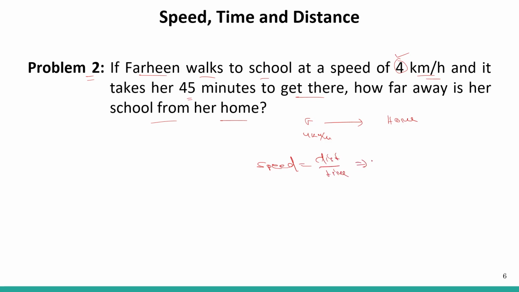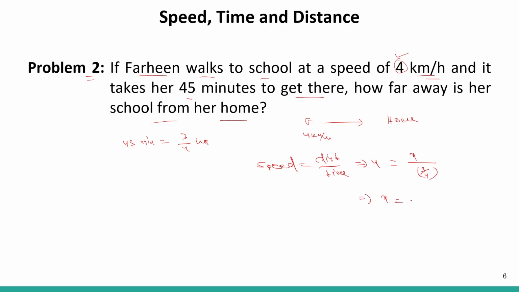So speed is equal to 4, which is equal to distance by time. Distance is unknown here, so let it be x, and time is 45 minutes. As you can see, it is in minutes, so we want to convert it into hours. 45 minutes is equal to 3 by 4 hour, because the speed is in kilometers per hour.